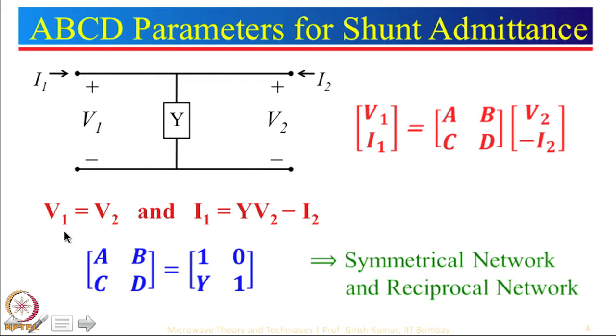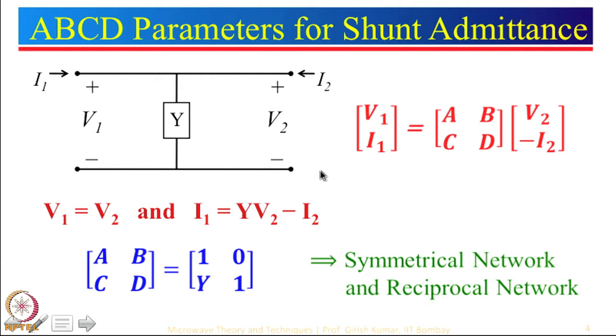Again, now comparison, let us say now A, B, C, D. So, you look from here. V1 is nothing but A times V2, so the coefficient of V2 will be 1. So, A is 1. Now, V1 is B times I2. Well, there is no term of I2, that means B is equal to 0.